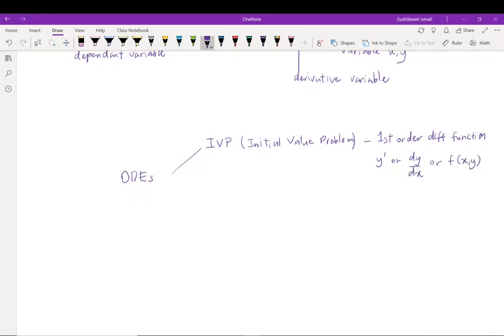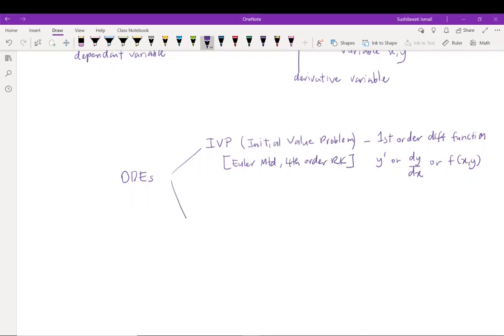These three are actually the same. They represent the first order differential function. There are several methods to solve IVP, which are Euler's, Taylor's, Heun's, midpoint, and fourth order Runge-Kutta. But in this class, we only focus on Euler's method and fourth order Runge-Kutta.